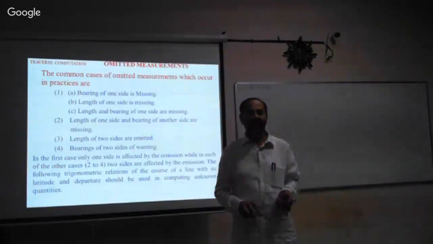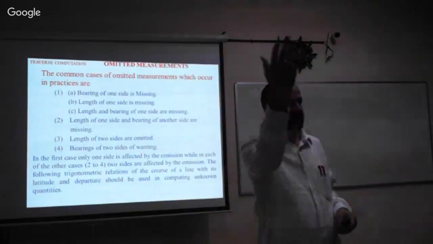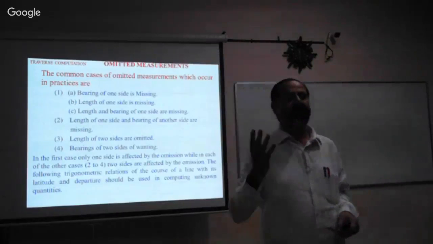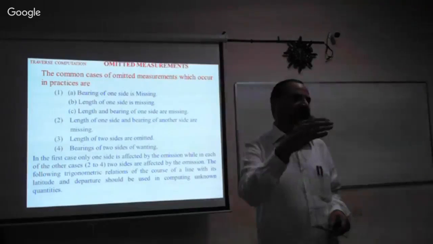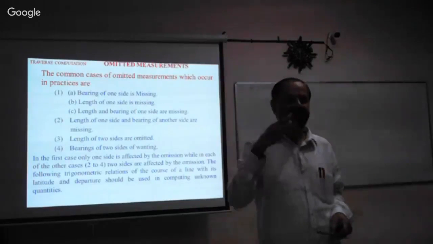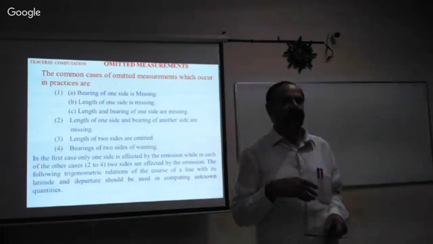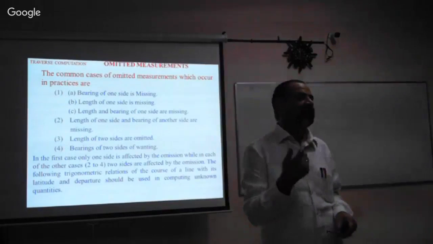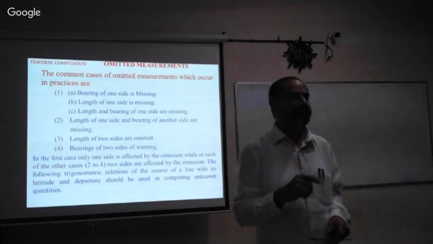Now, in traverse computation, what sometimes happens while carrying out the survey work in the field? Sometimes we may not be able to reach the first station to the last station, or an intermediate station may not be measurable. Sometimes we are unable to measure the length of a survey line, or unable to measure the bearing of a survey line.